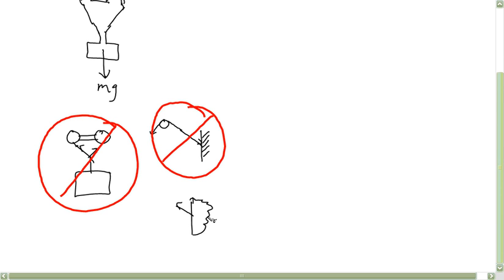Where this side touches the rest of the wall, the fact that it's a fixed joint says you have to have some force vector on the body by the wall and a couple on the body by the wall.